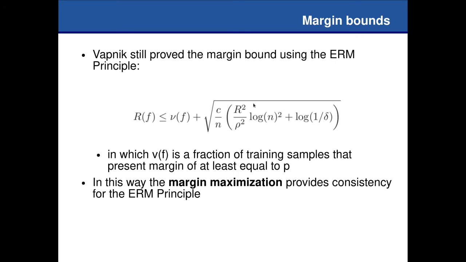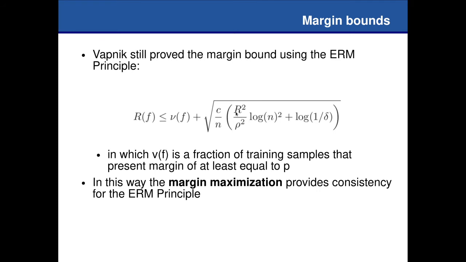So you guys can notice that the shattering coefficient reduces if this R, which is the radius of the smallest open ball enclosing the whole data set, no matter the class, again, remember, no matter the class, divided by the margin is really close to 1. If this is close to 1, I will have just log of n to the power of 2.